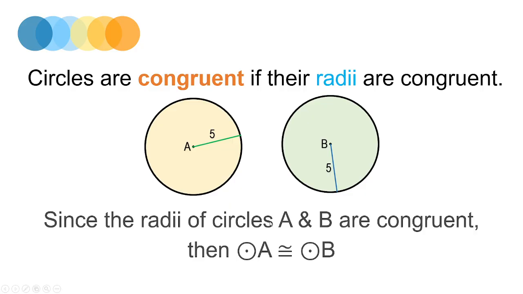So it follows that circle A is also congruent to circle B. This is how we claim that two circles are congruent, by their radii measurements being congruent.